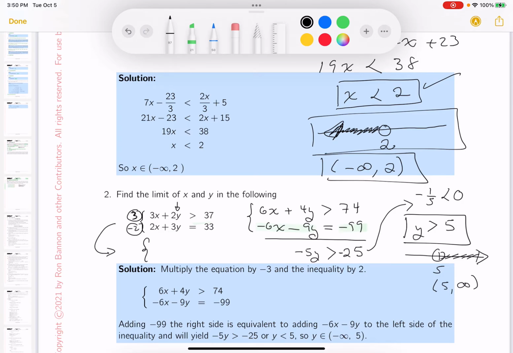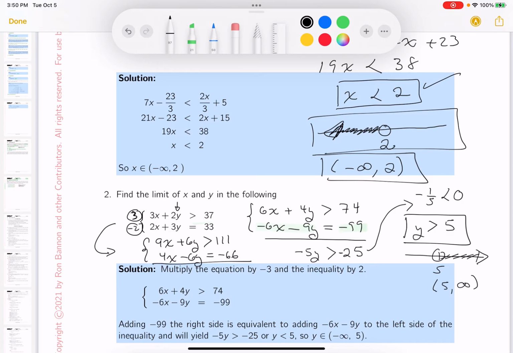What do you get? 9x plus 6y. Remember, if you multiply by a positive number, it has no effect on the inequality. It's going to be 90 and 21, which is 111. Minus 4x minus 6y equals, and again, multiplying an equality by numbers has no effect on inequality. What do you get? Minus 66.